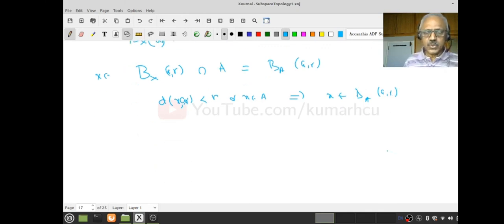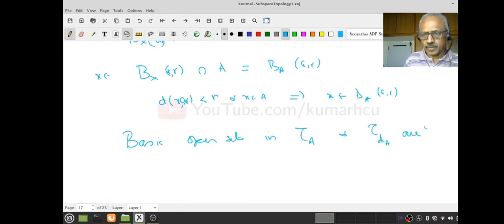So what I have shown is that the basic open sets in tau A and tau d_A are the same, B_X(a,r) intersection A equals B_A(a,r).